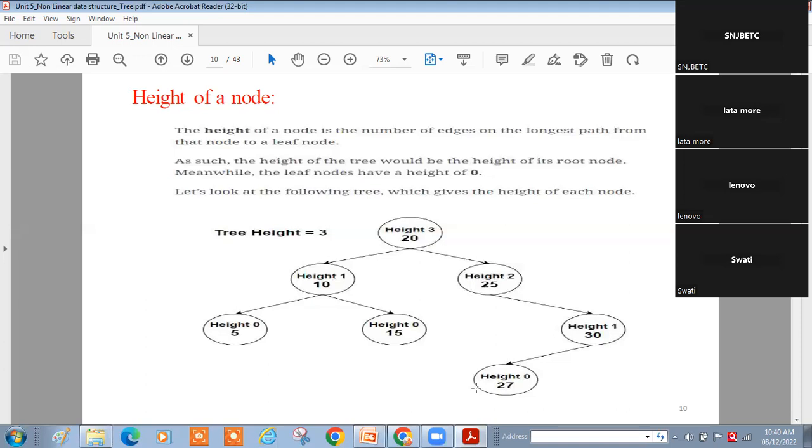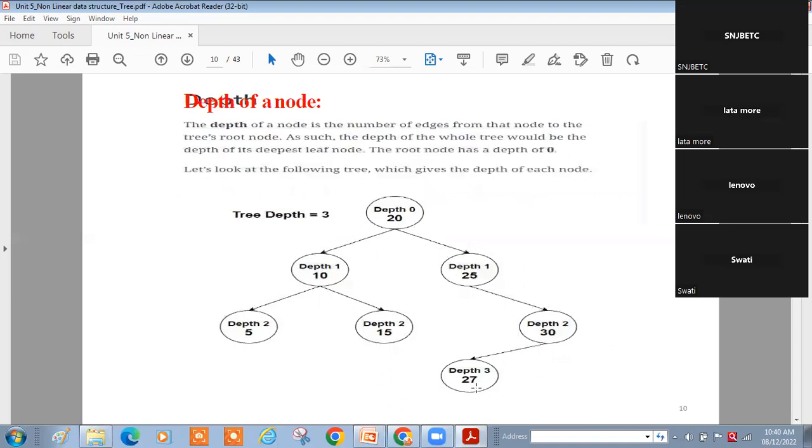Now let's move forward. Next is nothing but depth. We have studied about level, we have discussed about height, and now I am focusing on depth. So the depth of a node is the number of edges from that node to the tree's root node. Again here I am doing it in the same fashion as I have done for level.